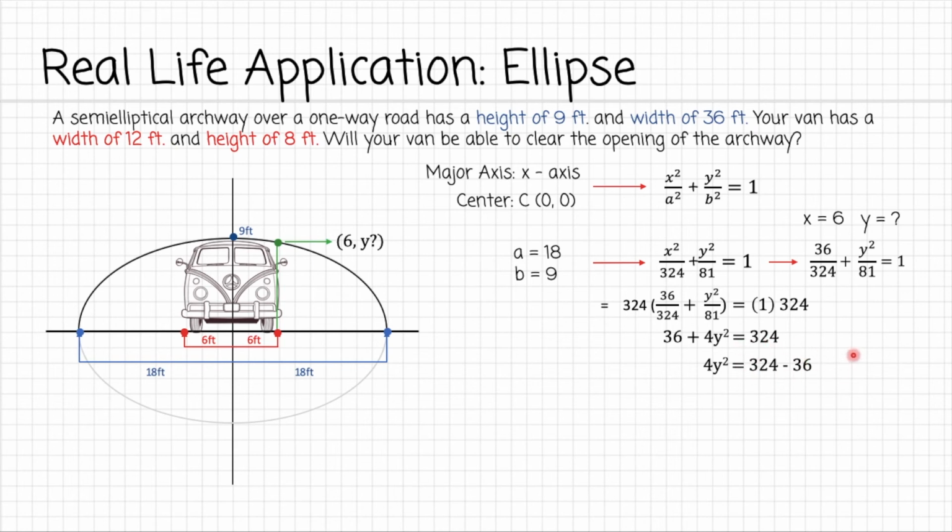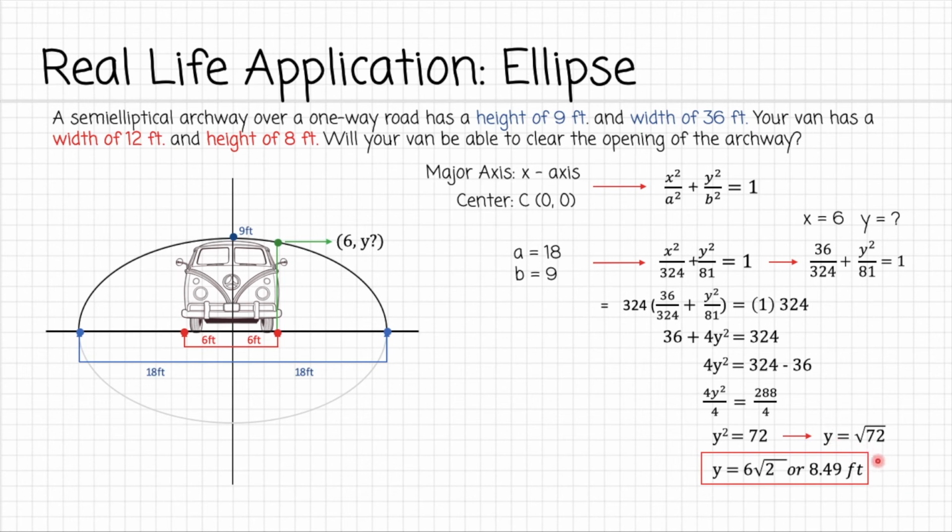Combine like terms. We then divide both sides of the equation by 4, so we are left with y squared equals 72. And to get rid of the square, we take the square root of both sides of the equation, leaving us with our final answer, which is y equals 6 square root 2, or 8.49 feet.